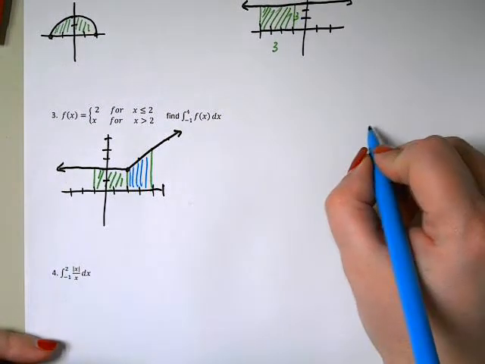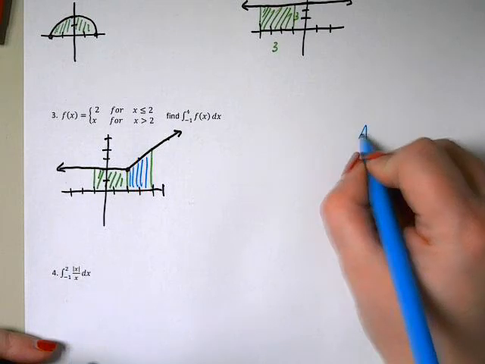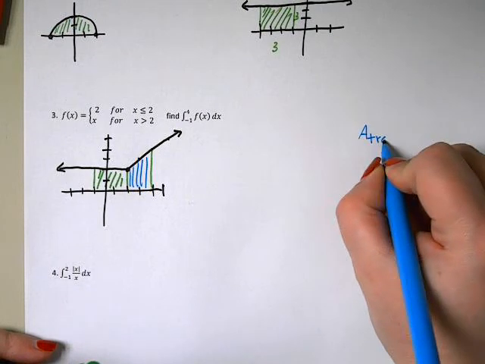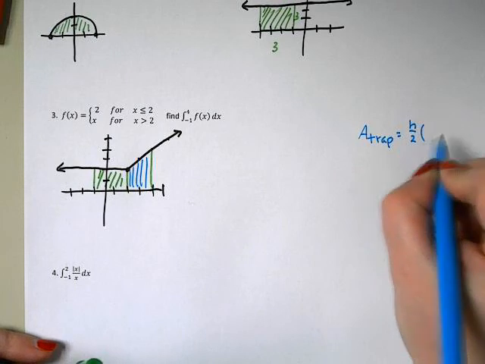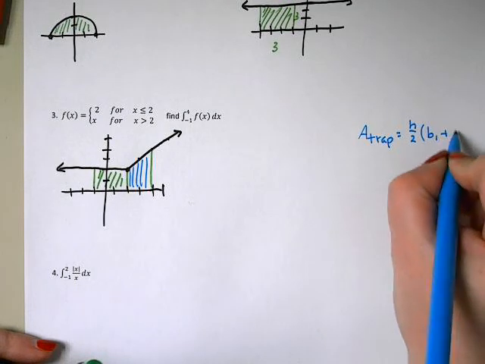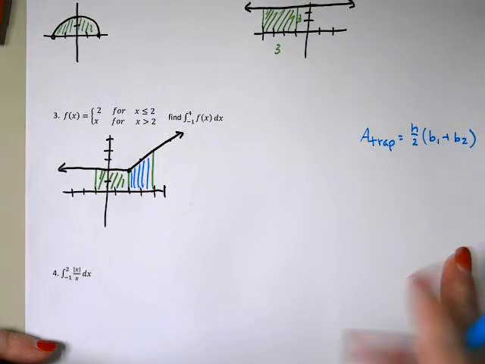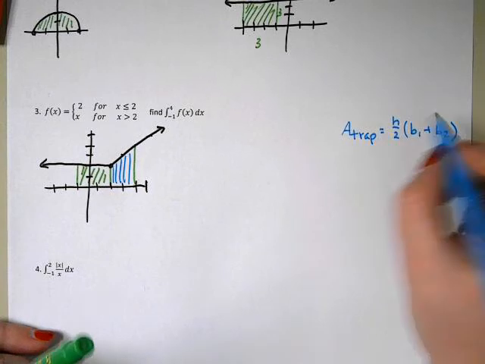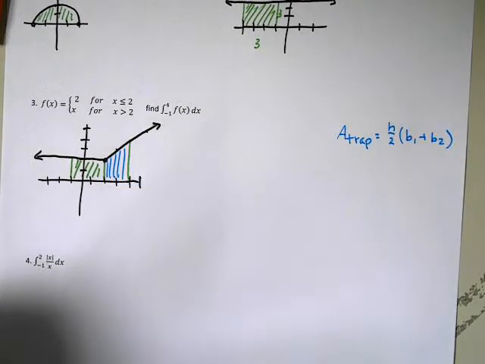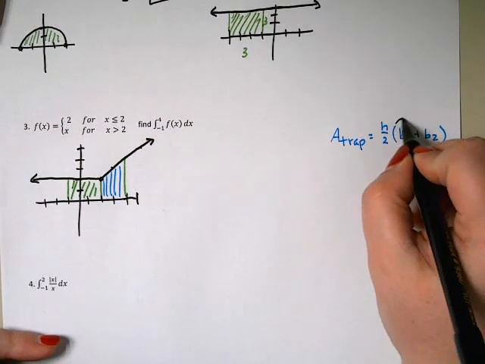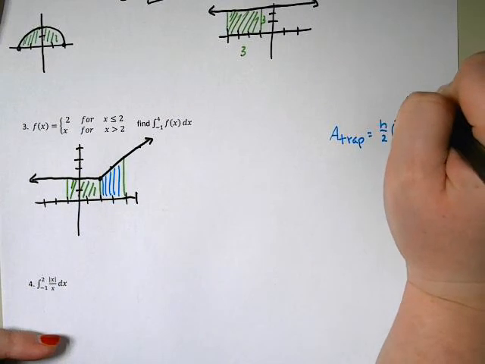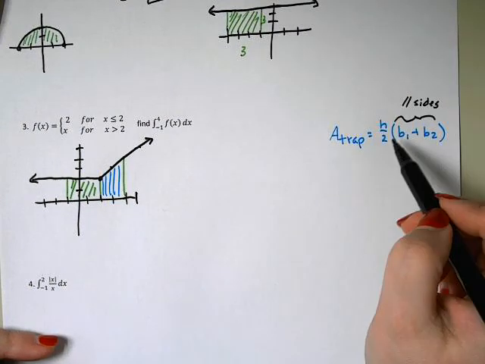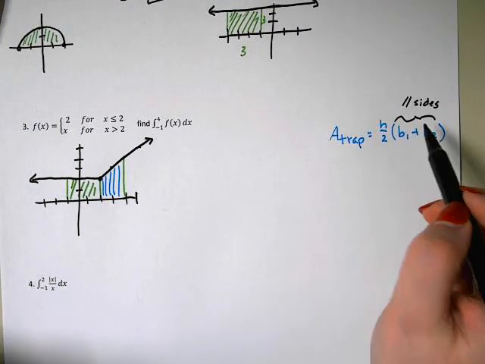So I'm going to go over to the side really quick, and just as a side note for all of us, area of a trapezoid is h over 2 times b1 plus b2. So remember, b1 and b2 are the parallel sides. Those are your bases. And then h is the distance between your parallel sides.